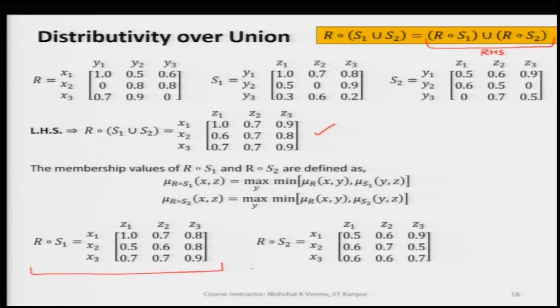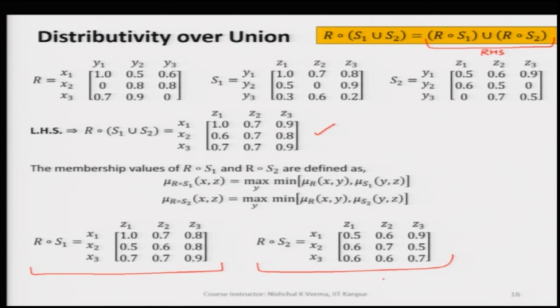As I said before, it depends: if you have been asked to find R composition S1 by max-product, then you can use the max-product criteria, but here we are using the max-min criteria. So, the outcome of R composition S1 is this, and then R composition S2 is this.